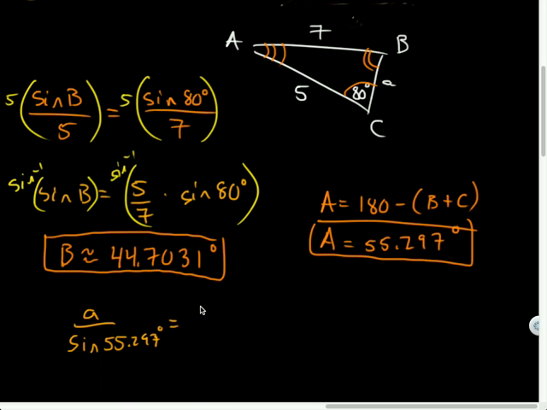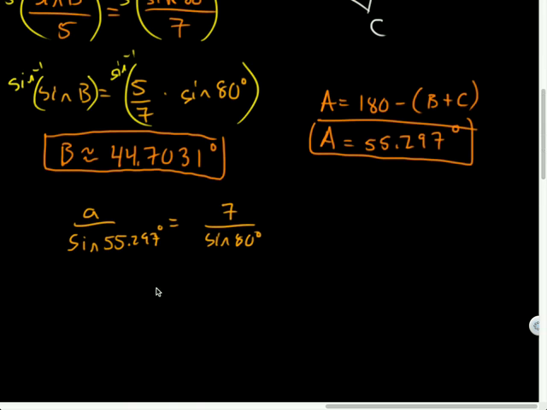Equals, and what should I compare it to? B's or C's? C's preferably, because we were given the information about C. So is it going to be sine of C over 7? No, it's going to be, in this case, 7 over sine of 80. So the sines are always on the bottom or the sines are always on the top. It's never going to be mix and matched.